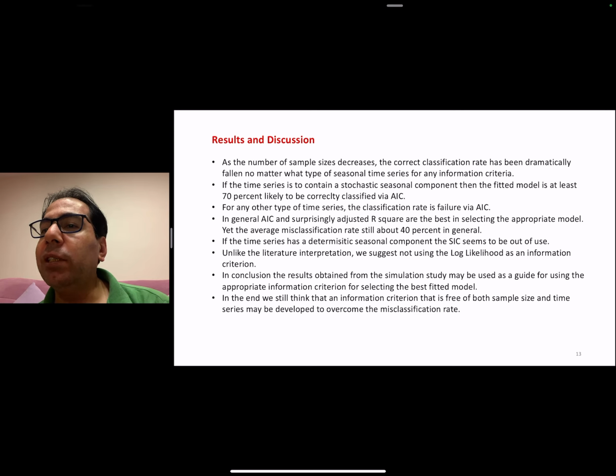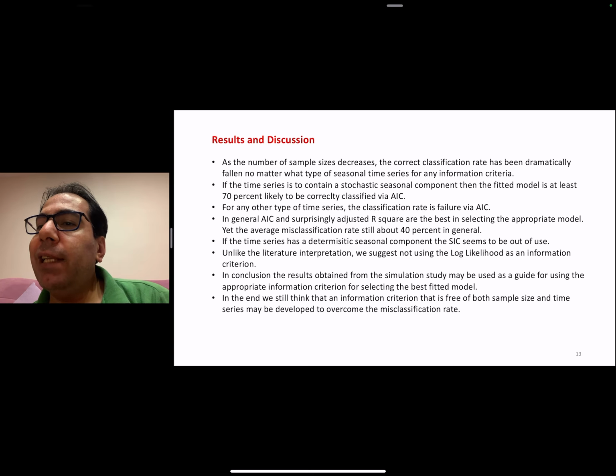For any other type of time series, the classification rate is poor for all information criteria. In general, the Akaike information criterion and, surprisingly, the adjusted R square are the best in selecting the appropriate model. Yet the average misclassification rate is still about 40% in general.